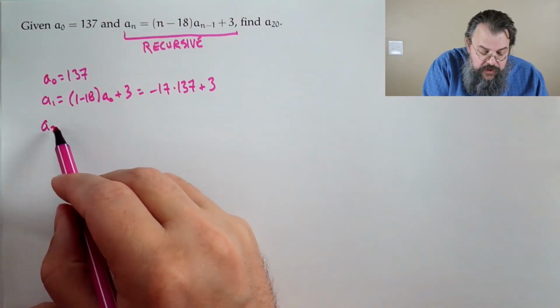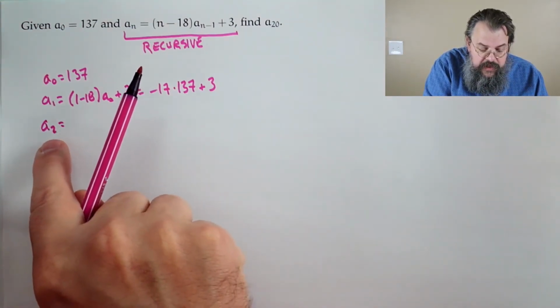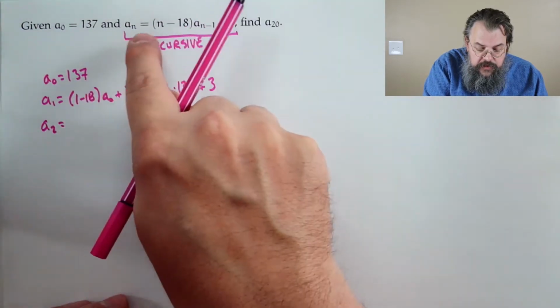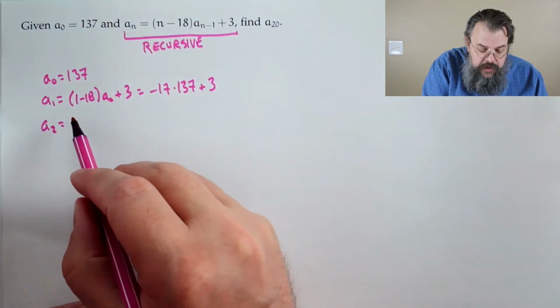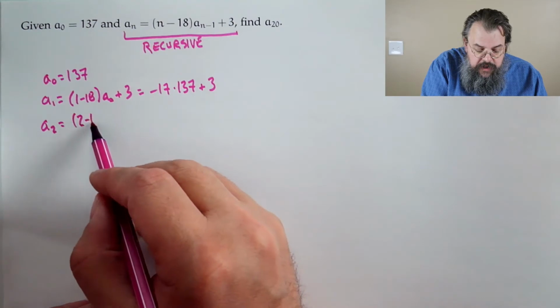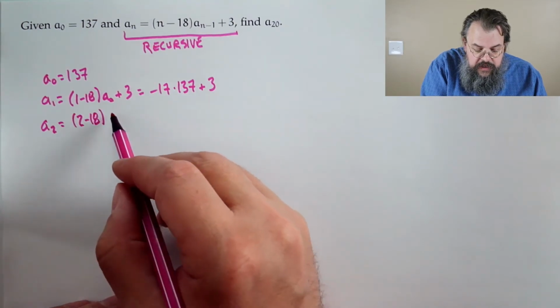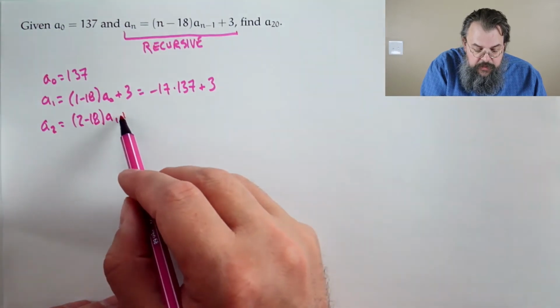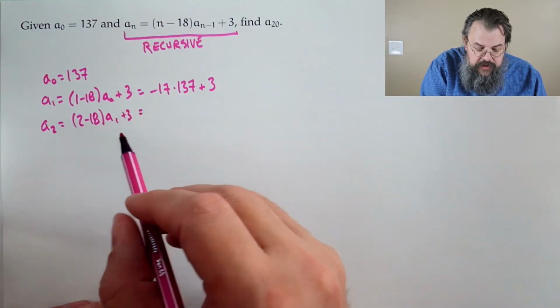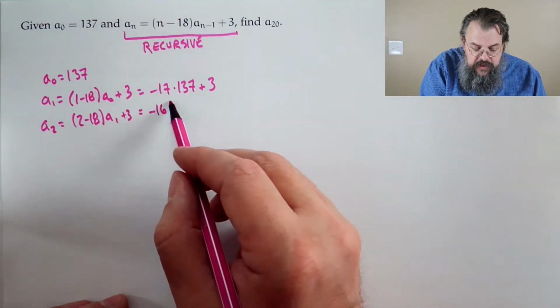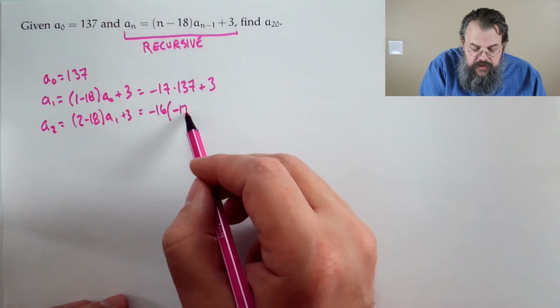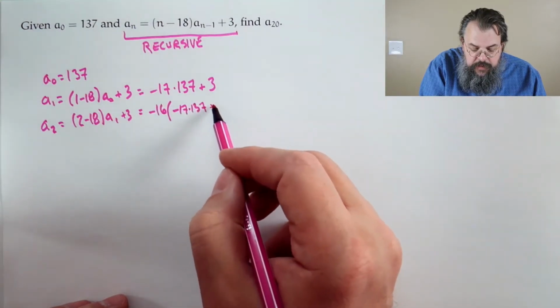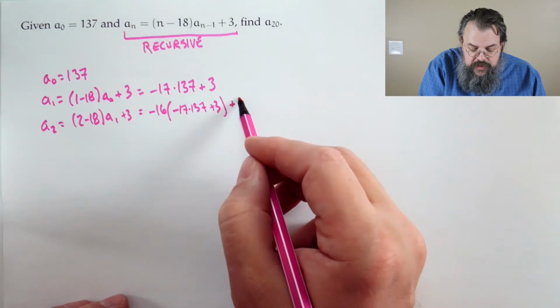Now, what would A2 be? Well, it's n equals 2. So you plug in n equals 2 over here, and you would get 2 minus 18 times A1. 2 minus 1 is 1, plus 3. Well, 2 minus 18, that's negative 16, times negative 17 times 137 plus 3, and plus 3.